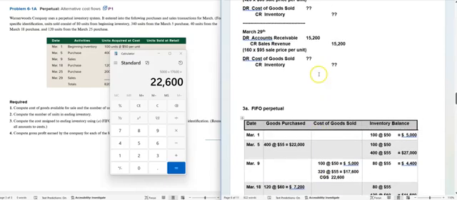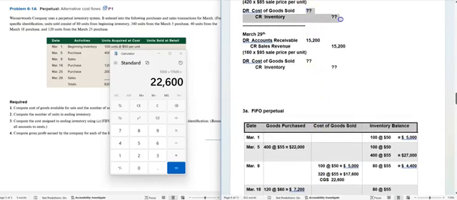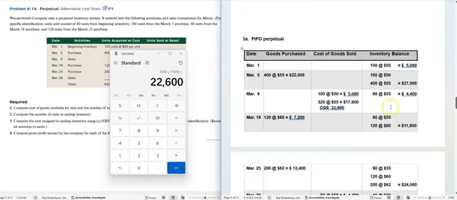That is the amount that I will record up here in this journal entry. What does that leave me with in inventory? That leaves me with only 80 units at a cost of $55 a piece, or $4,400. These are all sold. 320 of these are sold, leaving me with 80 of those.